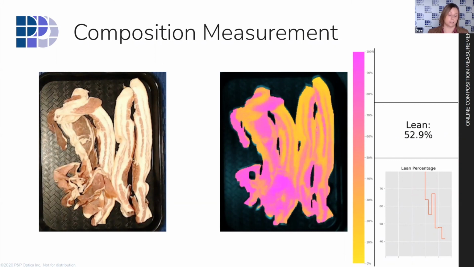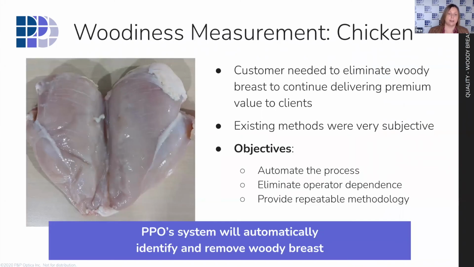So again, one system can do all three things, and here is an example of measuring fat within proportion. And finally, some complex states like woodiness of chicken breasts can be determined with a hyperspectral system. And again, we can sort lower quality or woody breast out of the production line so that that premium product reaches the customer and lower grade product can be processed elsewhere, thus saving money.